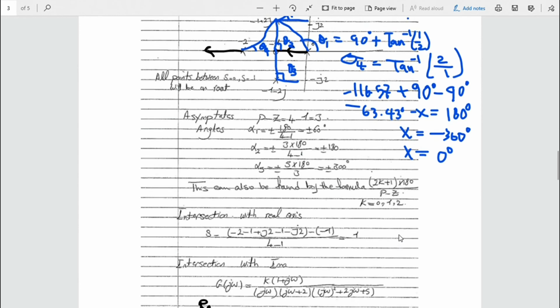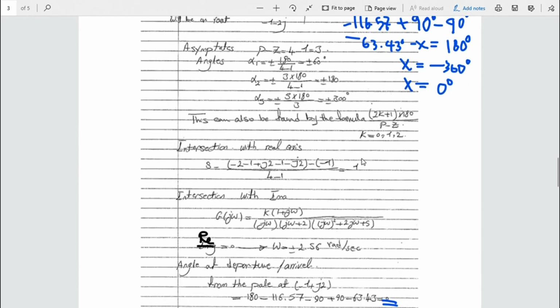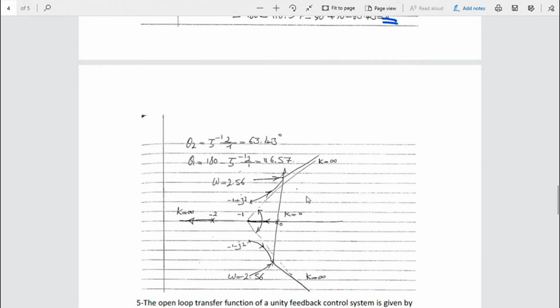Now if we have found all the points, we need to plot this. If we plot this, we'll get a plot of something like this. You know there is a pole at -2, a pole at -1 plus 2j, a pole at -1 minus 2j, a pole at 0, and there is one zero at -1.